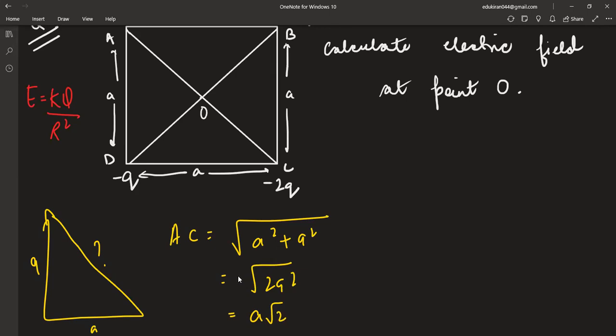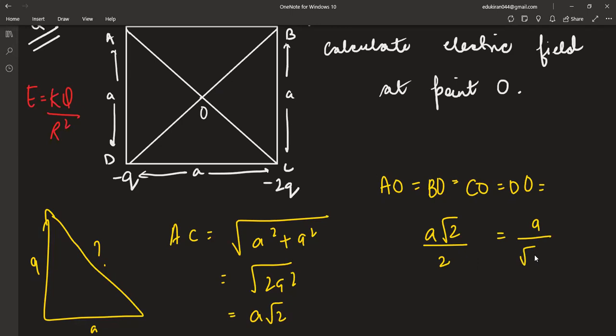Now half of it will be what? Half, because we do not need the entire length. We need the separation from the charge to the point O. So that is half of it. So AO, BO, CO, or DO, all of these will be equal to A root 2 divided by 2, which is equal to A by root 2.